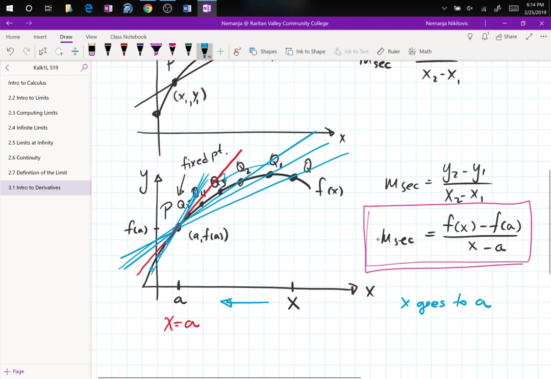So we have infinitely many secant lines before we hit this special red line. And then again, after that, there are still infinitely many blue secant lines. And we can calculate this infinity of lines one by one, because we have our algebra formula.